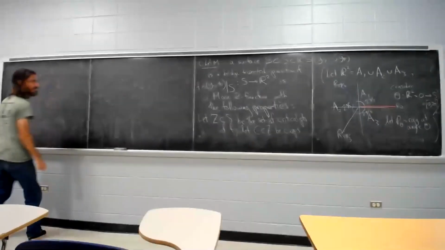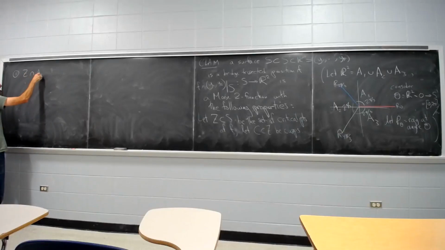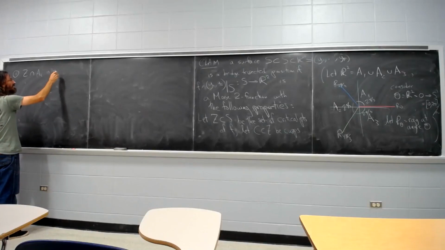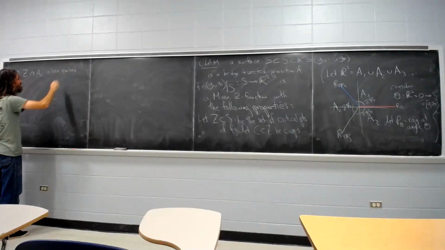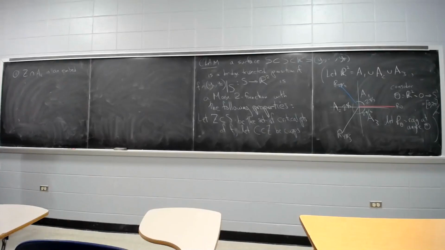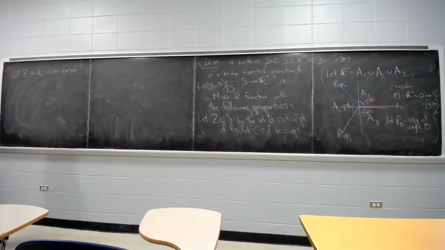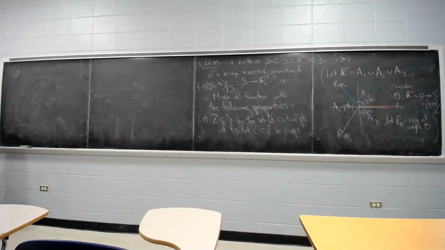And then the condition I want is that if I look at Z intersected with any of the AIs, it should be... You mean f of z? No, that doesn't make sense to do. The image. Actually, let me say something simpler.